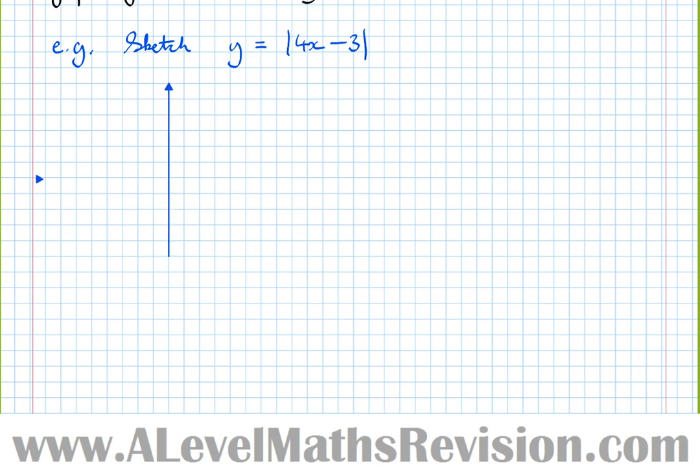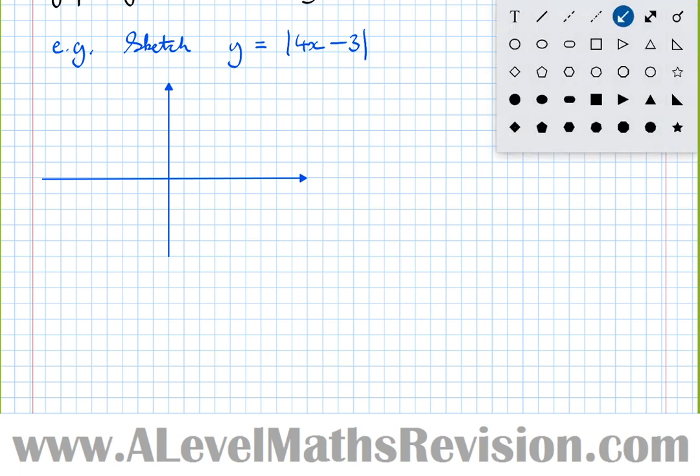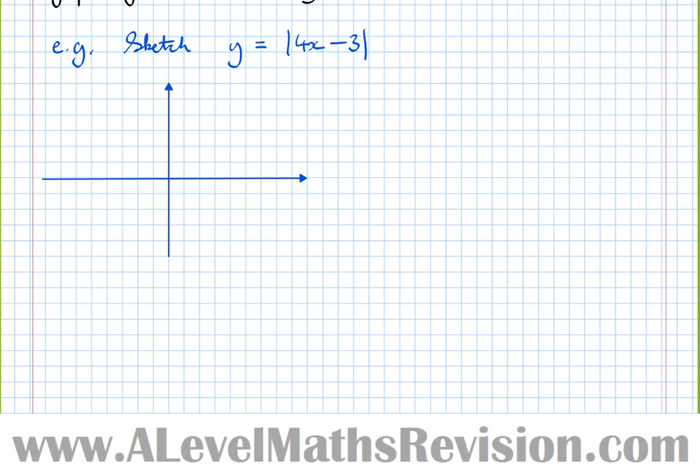So what I would do here, I'd do a rough graph first, then a real graph, and I make it clear that I don't want the rough graph to be marked. So firstly, I'm going to draw the graph of y equals 4x minus 3, forgetting about the modulus sign. So 4x minus 3 would have a relatively steep gradient and would cross at minus 3. So that's my rough sketch there, and mark on the key points.